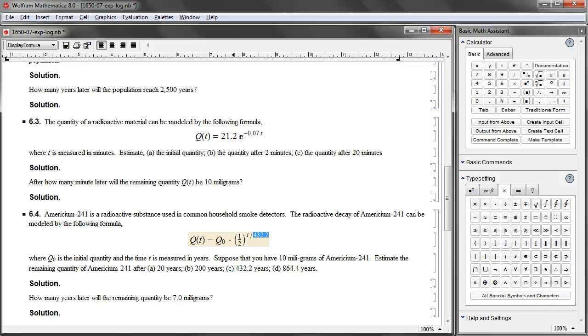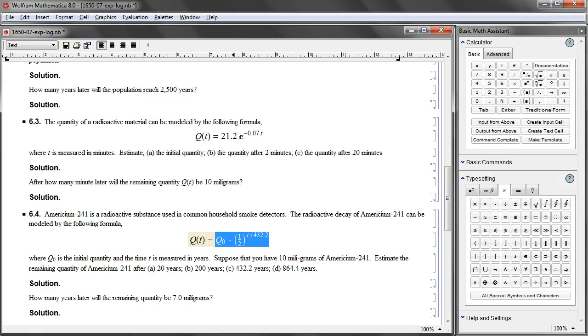Now here's the question. We are starting with 10 milligrams and estimate the remaining quantity after 20 years, 200 years, and so on. All I have to do is plug in t equals 20, 200, and so on and run the calculator. That's too simple. Let's move on to the next part of the problem.